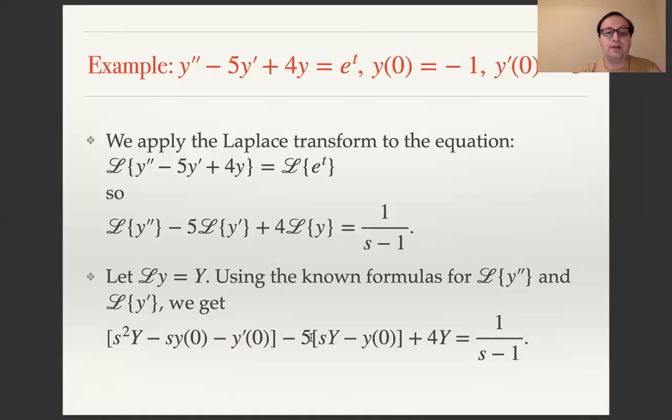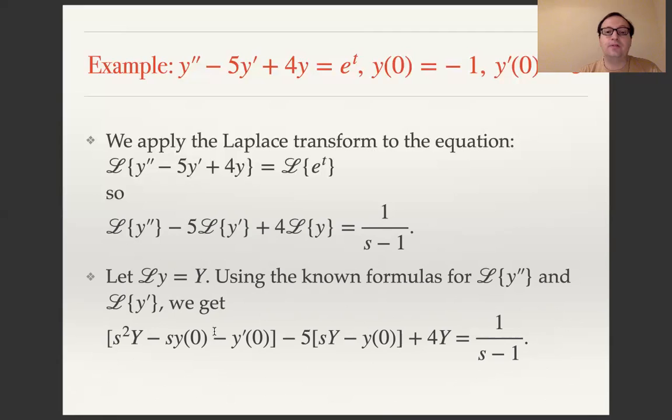And then minus 5 times the Laplace transform of y prime, which is s capital Y minus lowercase y of 0. And then plus 4 times the Laplace transform of lowercase y, which is uppercase Y. So all of this is equal to 1 over s minus 1.